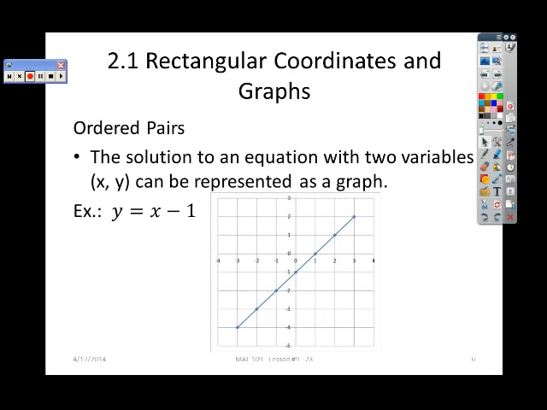A third way you can do this is find a point and then use the slope of the line. What's the slope of this line?